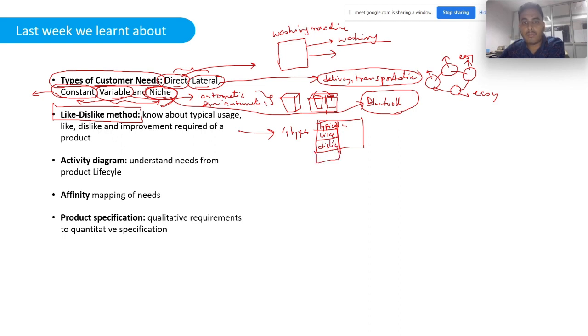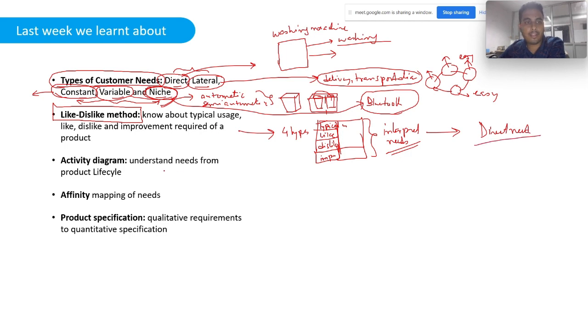Fourth is what they want to improve. Based on these responses, we interpret the first level of needs, which I call interpreted needs. And then mainly the like and dislike method is useful for identifying direct needs.